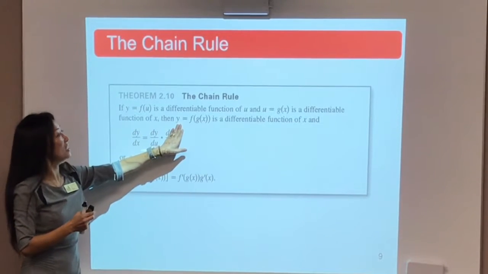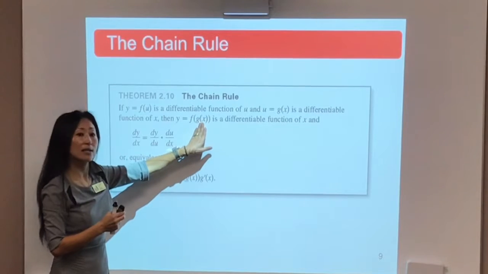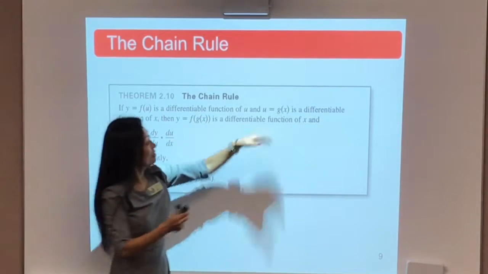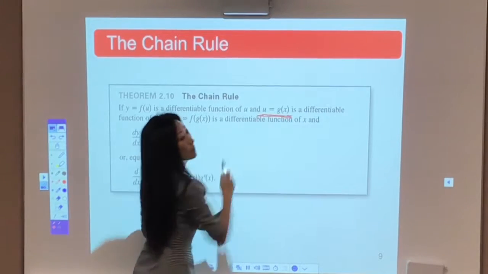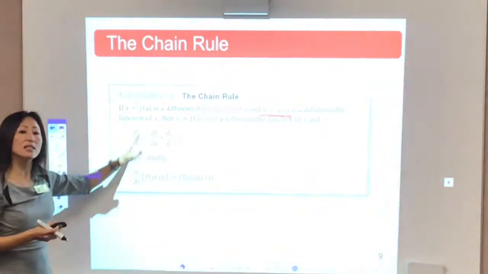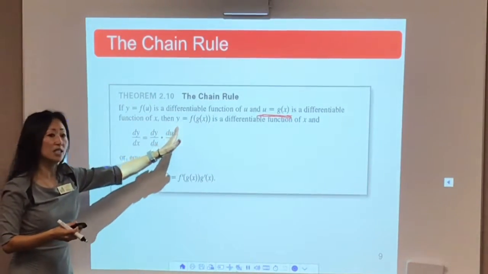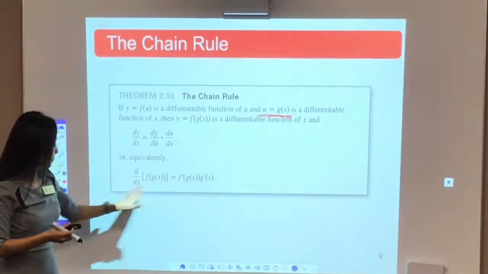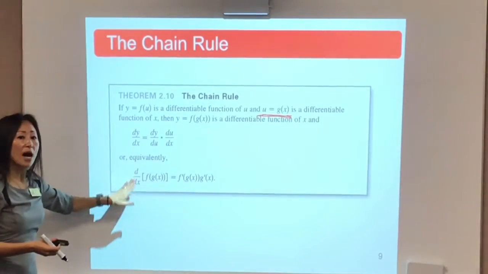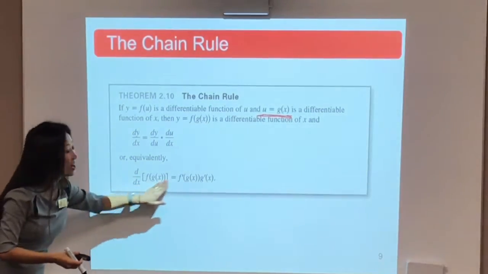Then y is the same as f of g of x. I'm replacing u as g of x, because that's what it says over here. All right? So dy/dx is the same as dy/du times du/dx. So I can also write it as dy/dx of the composite function.